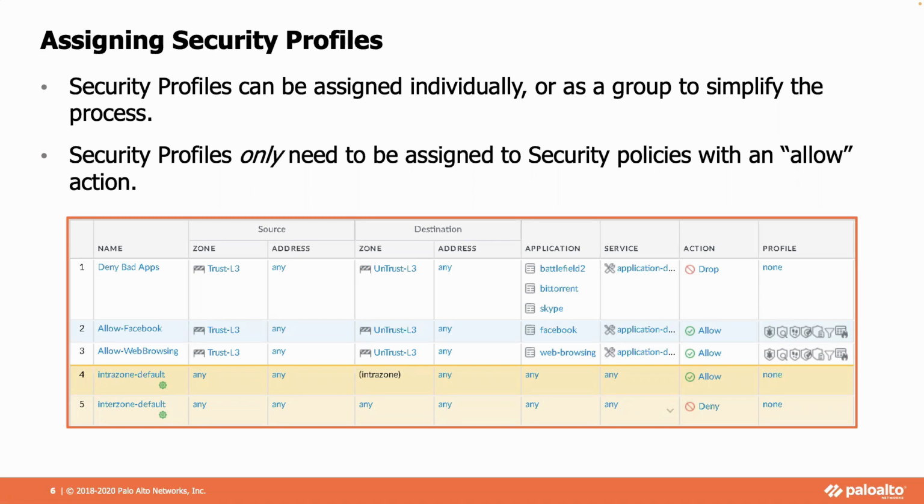Each of these different profile types have a different icon, and I can add individual profiles that are either pre-configured or that I might customize for my environment. And we're going to talk about customizing these as we go.